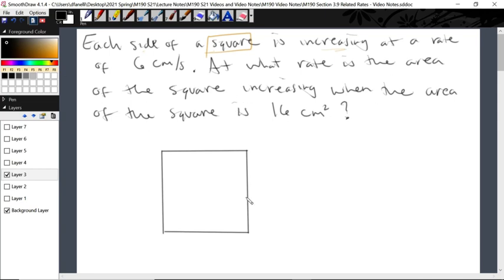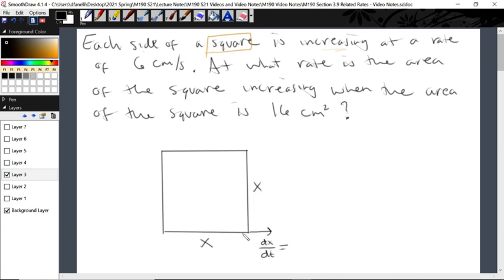Well, we need to label the sides. Now, a square, of course, has 4 equal length sides. I'll call each side x in length. The length of each side is now x. And then also I'm going to try to put an element of change in here, like an arrow or a vector here. This is our dx/dt. That is the rate at which the side length is increasing.